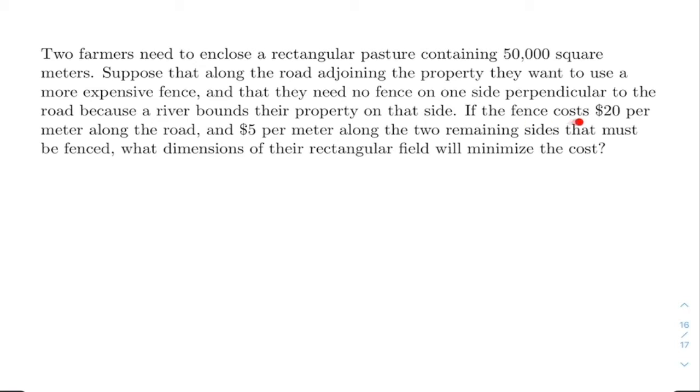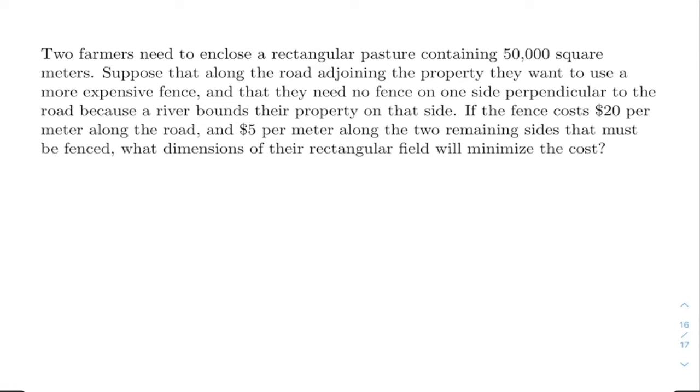So we're given that the expensive fence costs $20 per meter and the non-expensive one costs only $5 per meter. Then the question is, what are the dimensions of the rectangular field that will minimize the cost?